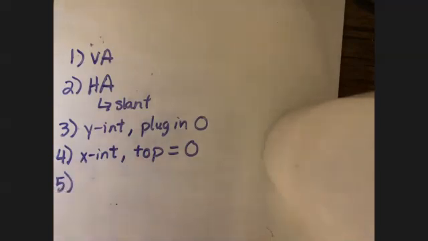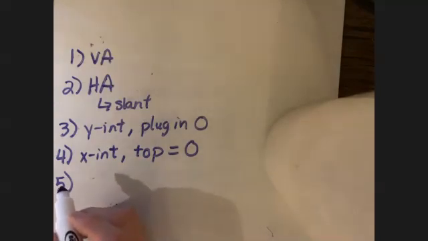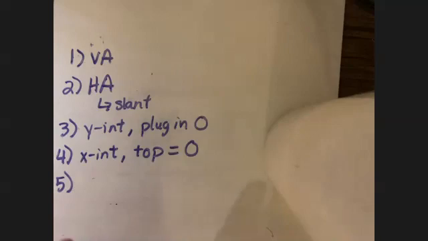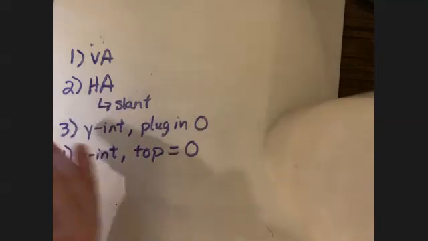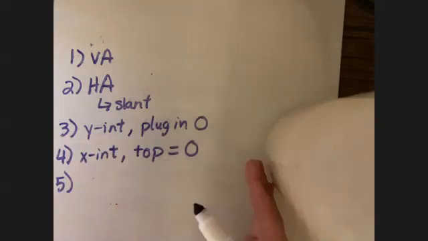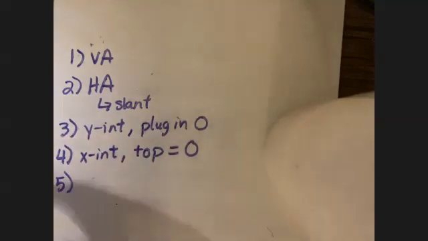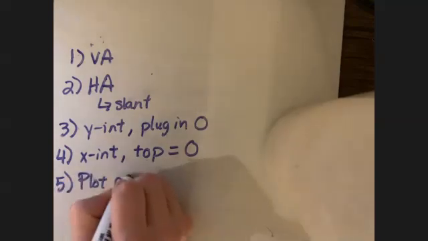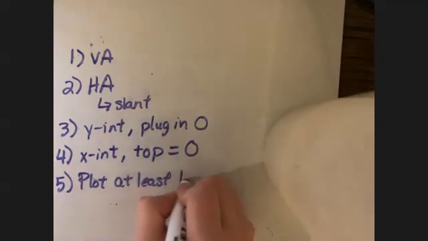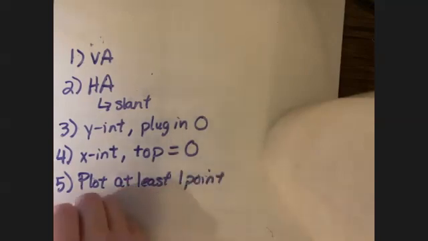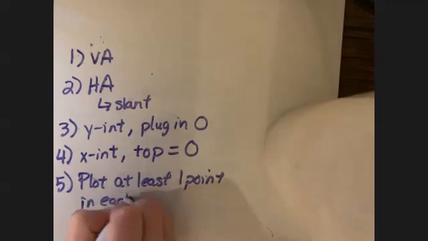Now, when you put your asymptotes on a graph, it creates zones. So you've got the stuff on this side of the asymptote and you've got the stuff on that side of the asymptote. If there's more than one asymptote, then you're going to have more than two zones. You need to plot at least 1 point in each zone.